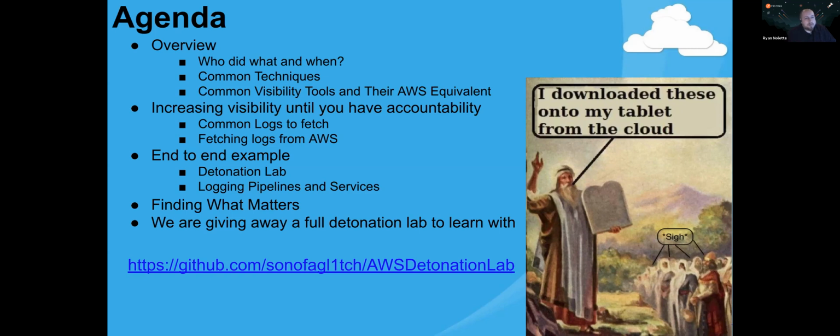Then we're going to go over finding what matters, and at the end we're going to open it up for questions, both about the process, the different tooling used, and AWS technology in general. I recently gave a talk to my team on how to do forensic artifact gathering in AWS, so we can talk about different tooling as well.